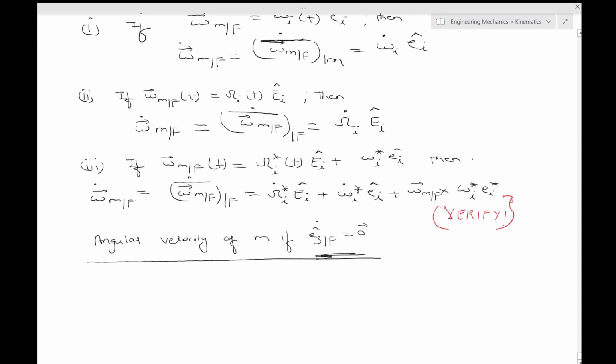This is a case of plane motion, so let me just define that first.